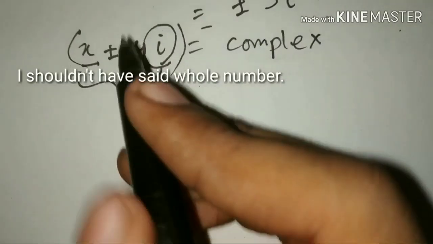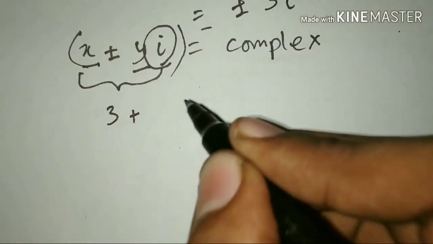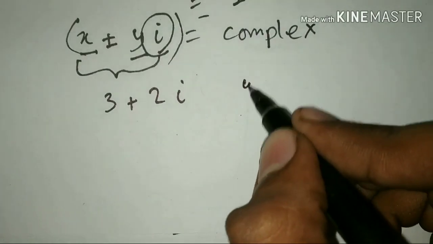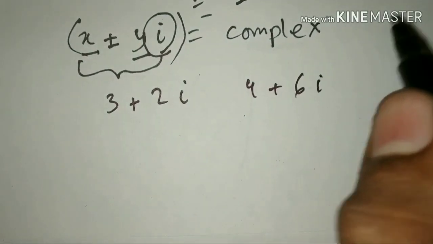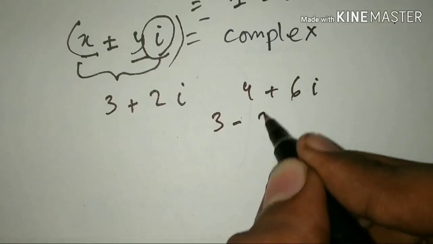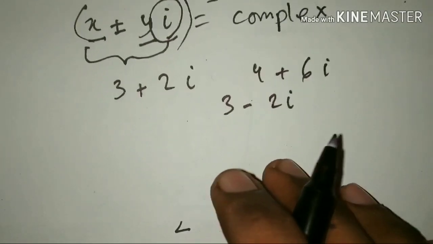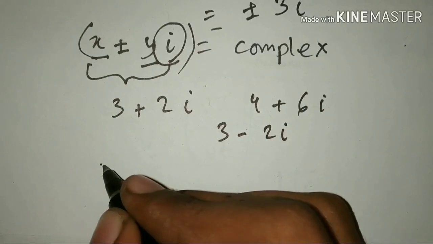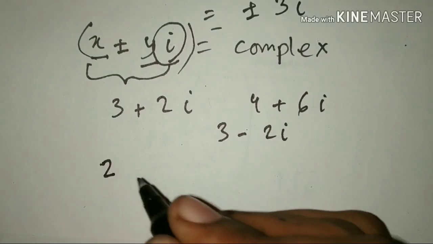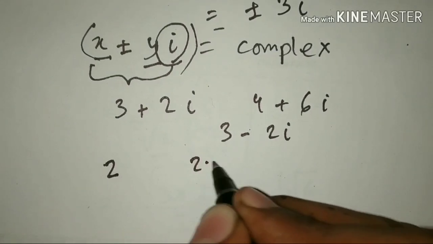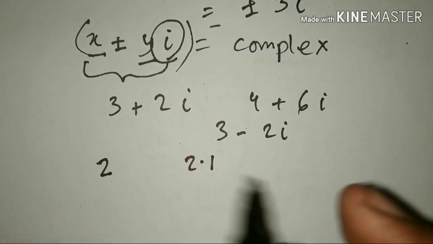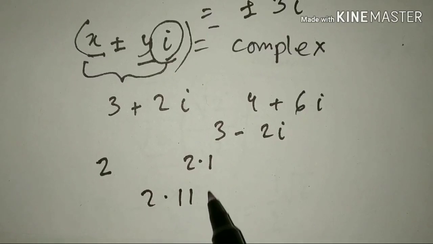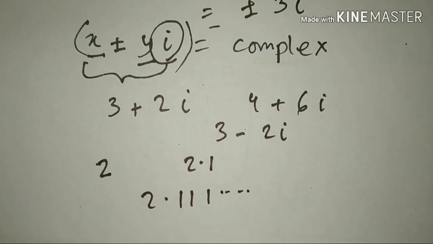So we say 3 plus 2i is a complex number, 4 plus 6i is a complex number, 3 minus 2i is also a complex number. And of course we can say that every real number, say 2 is a real number, 2.1 is a real number, and of course 2.111 and so on is also a real number.